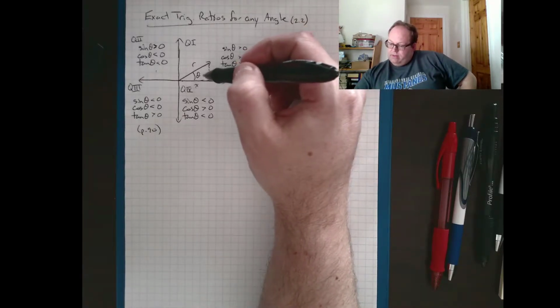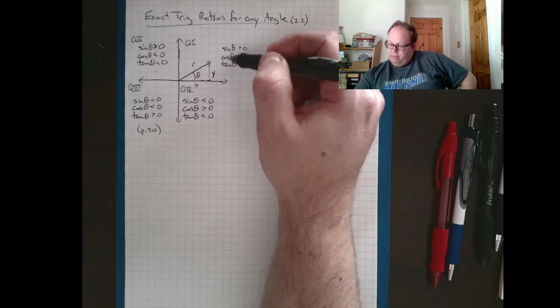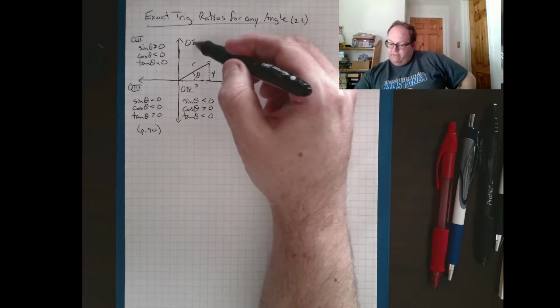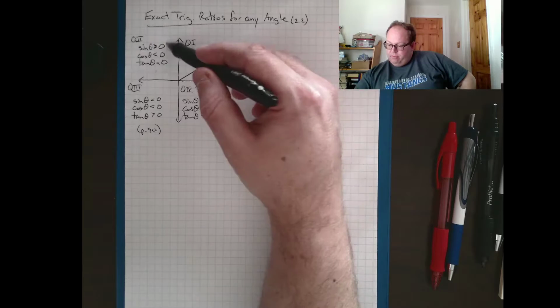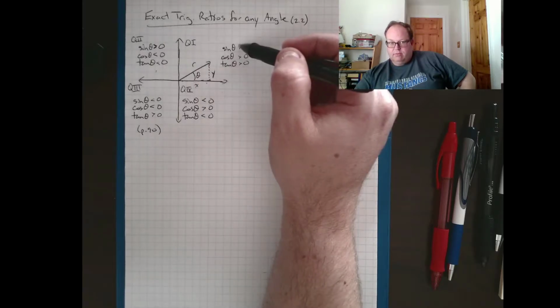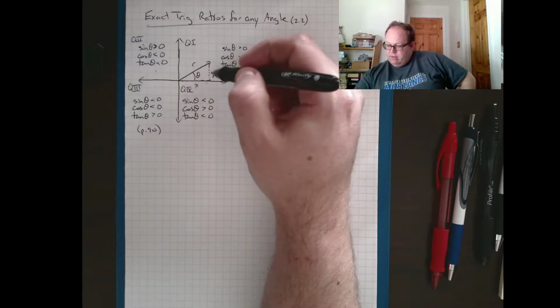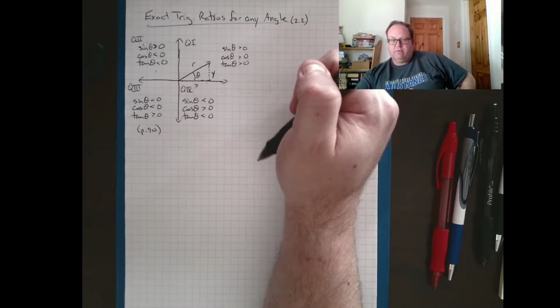In the first quadrant and the fourth quadrant, X is positive, so cosine will be positive in both those places. In the first and the second quadrant, your Y value is positive, so sine will be positive in both of those quadrants. And the ratio Y over X is positive in quadrants 1 and 3, so that's where tangent will be positive.